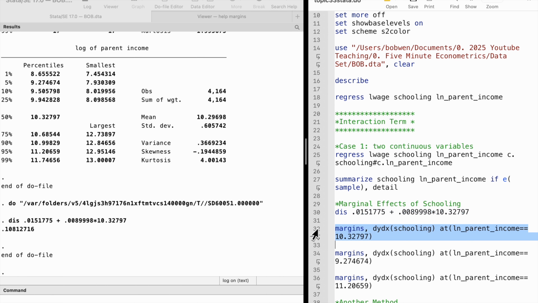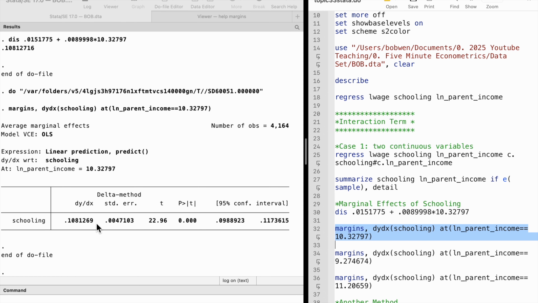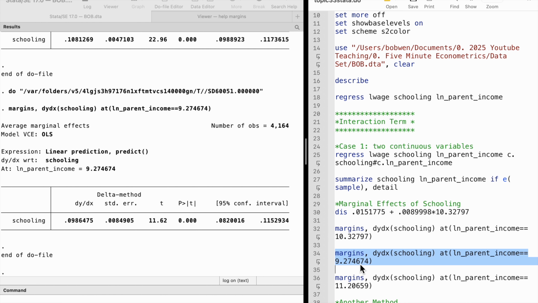We can also use Stata's margins command with dydx and add options to perform the computation for parents with 5th percentile, 50th percentile, and 95th percentile income. They are 0.099, 0.108, and 0.116 respectively. We conclude that the return to education differs by family background. Education has a larger effect on wages for the workers who grow up in wealthy families or are raised by high-income parents.